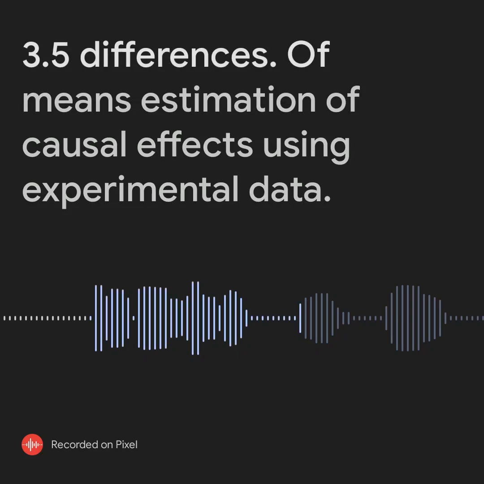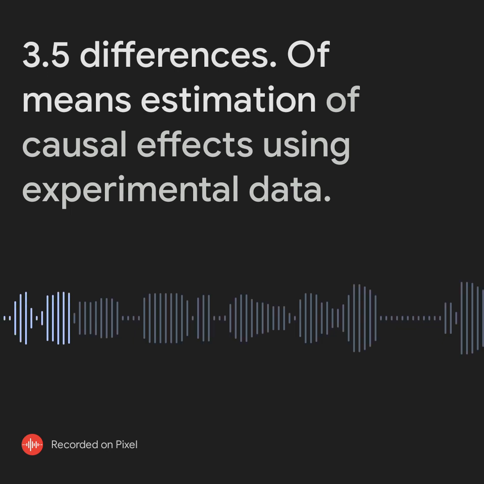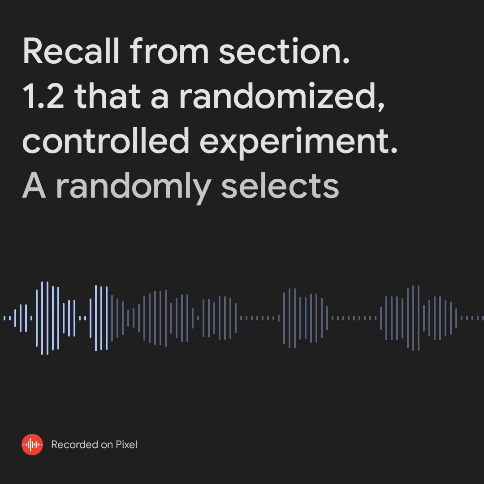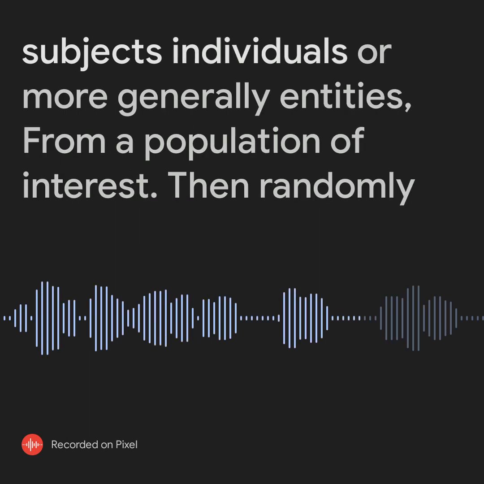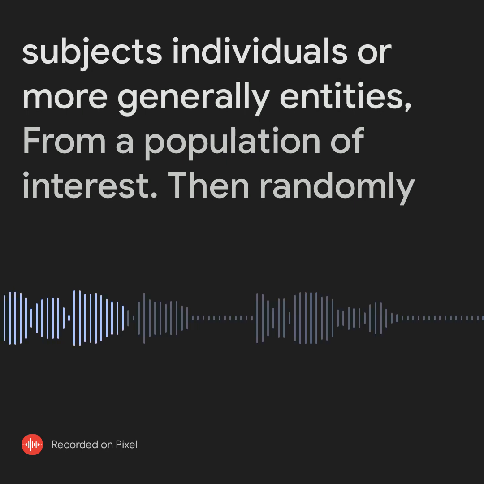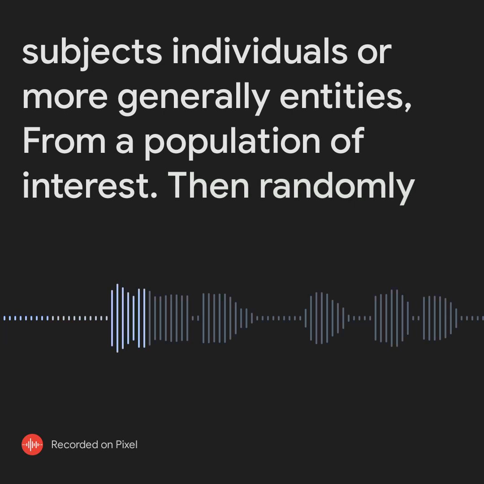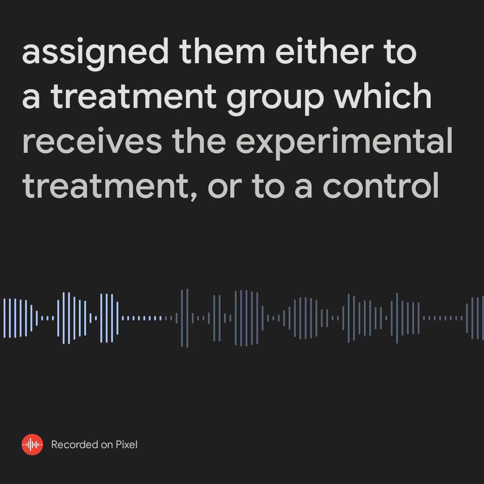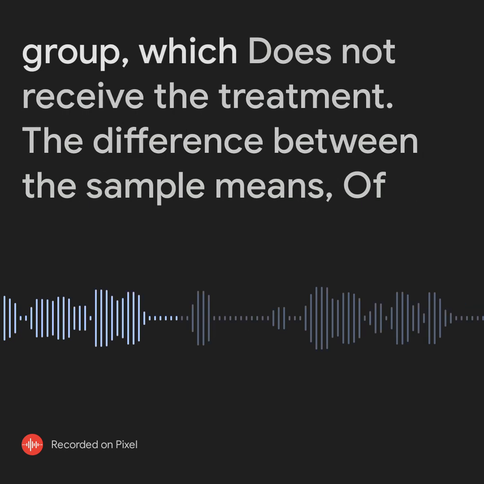3.5 Differences of means estimation of causal effects using experimental data. Recall from section 1.2 that a randomized controlled experiment randomly selects subjects, individuals, or more generally entities from a population of interest, then randomly assigns them either to a treatment group which receives the experimental treatment or to a control group which does not receive the treatment.